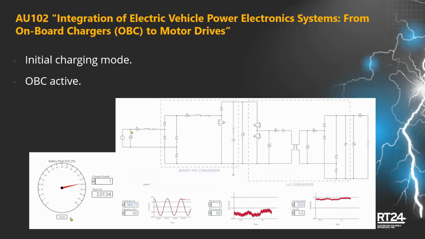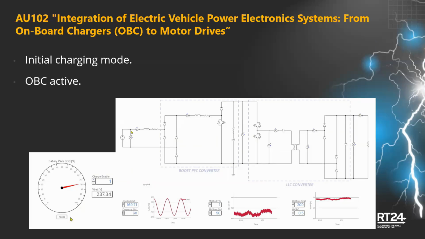Okay, so the way it works is first, as I said, there's an initial charging mode in which the OBC, or the onboard charger, is active. So that LLC topology is switching. That is what is doing the work right now. And the way we enable charging is through a switch inside our dashboards. So when that switch is 1, the battery will begin charging up.